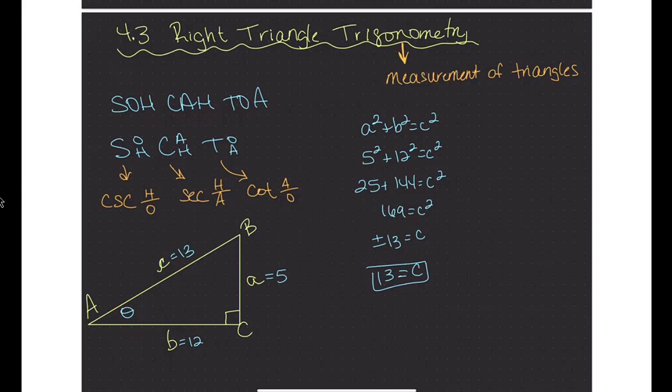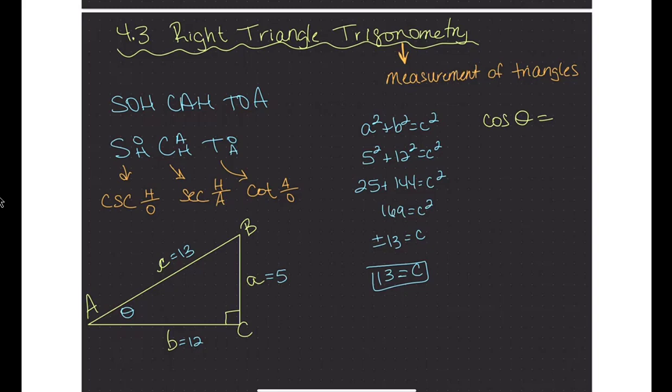So now let's see if we can figure out our 6 trig functions. If I want to do the cosine, I'm going to do it from theta, because I have to know where I'm taking it from. When it comes to figuring out opposite and adjacent, we have to know what angle we're looking at, because it's going to be different for different angles.